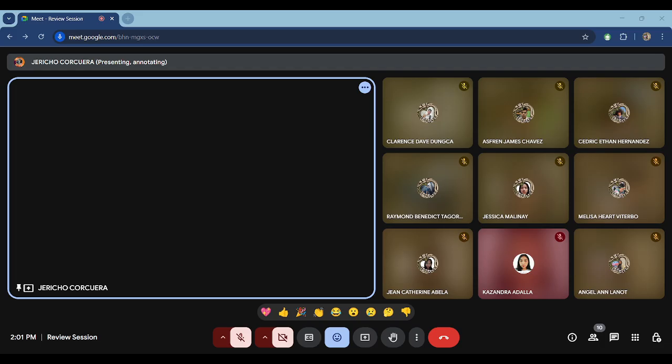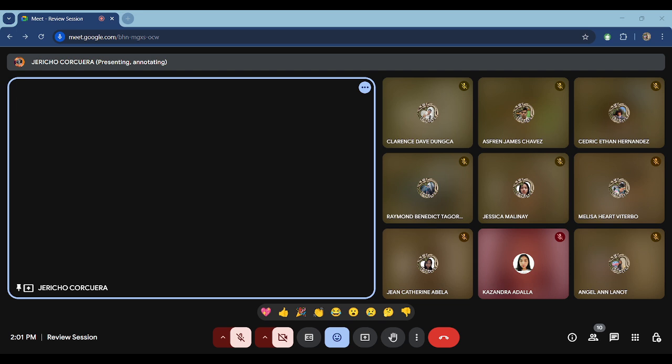So the square root of 136, we can write it as the square root of 4 and the square root of 34. Let's write it down. So we can simplify the square root of 4. So it's 2 square root of 34 inches. Ayan. So let's continue.